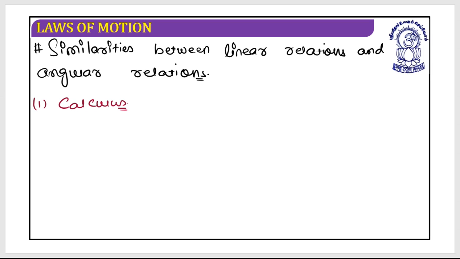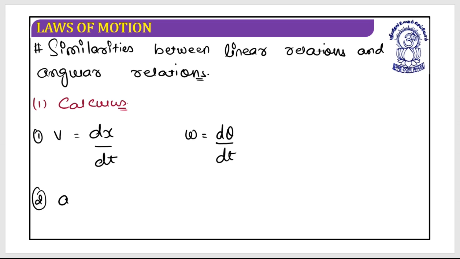For the linear world, I can write v equals dx by dt. For the angular world, I can write omega equals d theta by dt. Then for the acceleration, I can write dv by dt. For this, alpha could be written as d omega by dt.